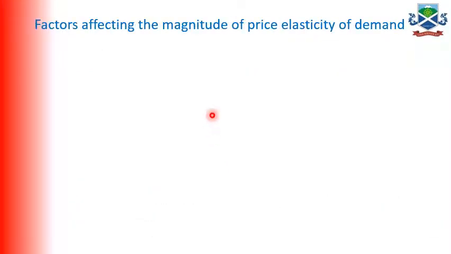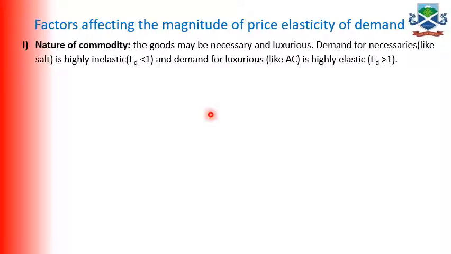Moving on to the next, the factors affecting the magnitude of the price elasticity of demand. The first factor is the nature of the commodity. The commodity may be a luxurious good or a necessary good. If it is a necessary good, even if the price is increased, people will buy almost the same quantity, which means the demand will respond less, and because of that elasticity of demand is less than 1.